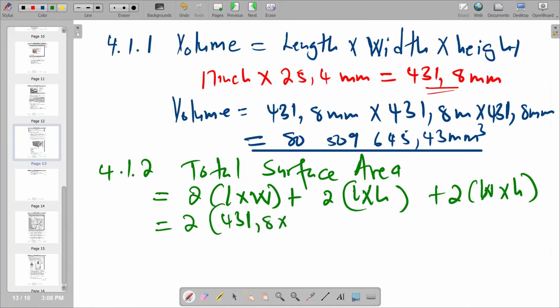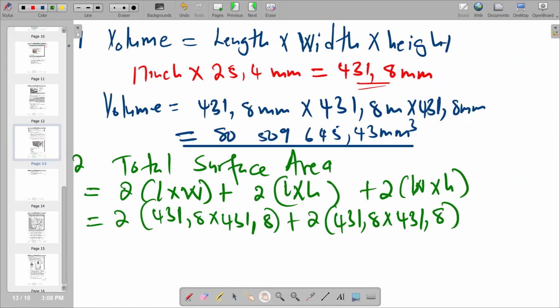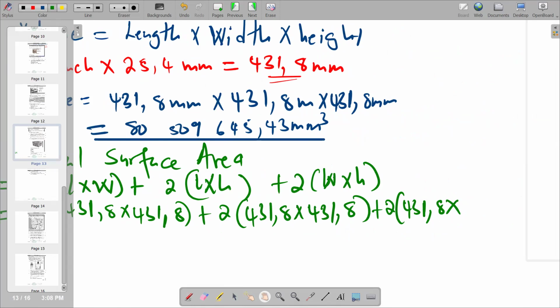So basically, we are going to say it's equal to 2 in brackets 431.8 times 431.8, we add again 2 in brackets 431.8 times 431.8, and the same applies to the third part, plus 2 in brackets 431.8 times 431.8.